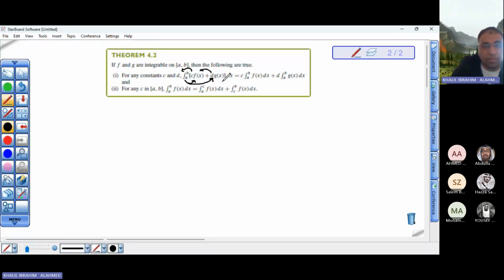Everything is ready now. This is a very important point, how to use properties of definite integrals to solve many exercises later.